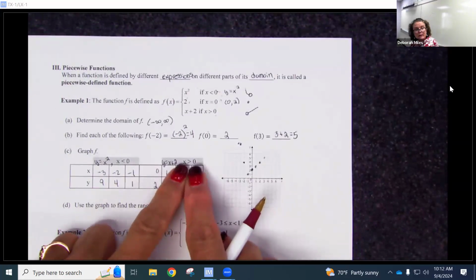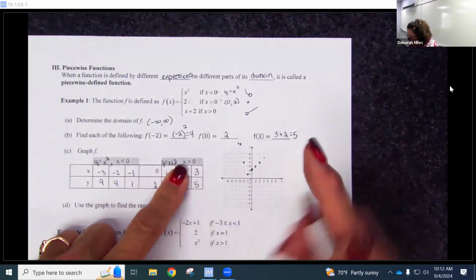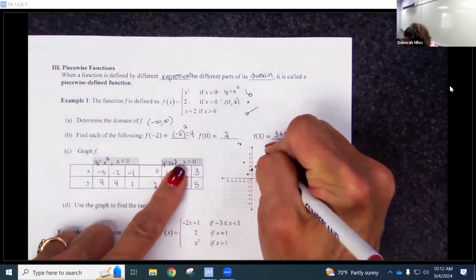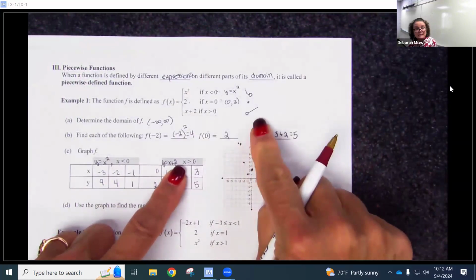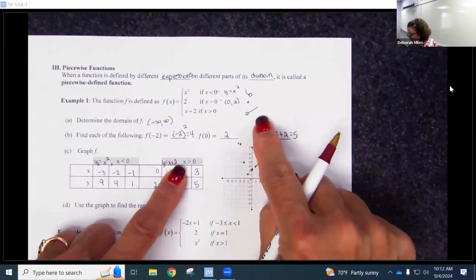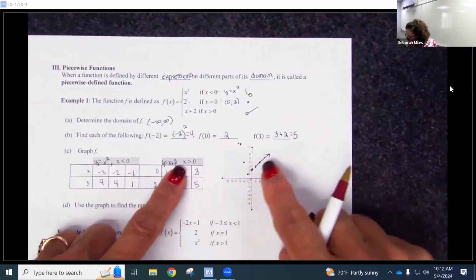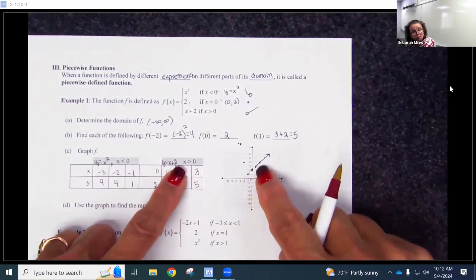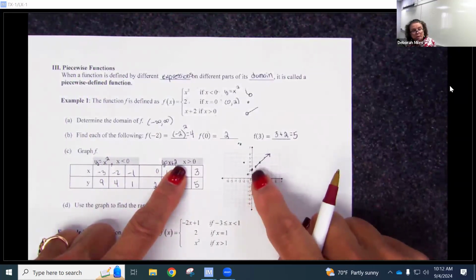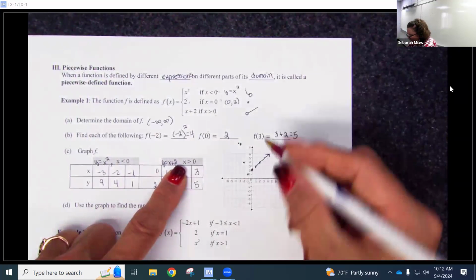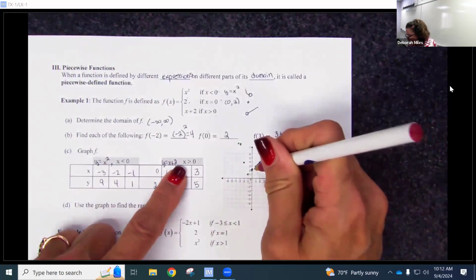For all the x's greater than 0, I can see that line that I was expecting, that line with positive slope. But numbers that are bigger than 0 don't start at 1. They actually go all the way up to 0 and don't include 0. So I don't need to stop that portion of the graph at 1.